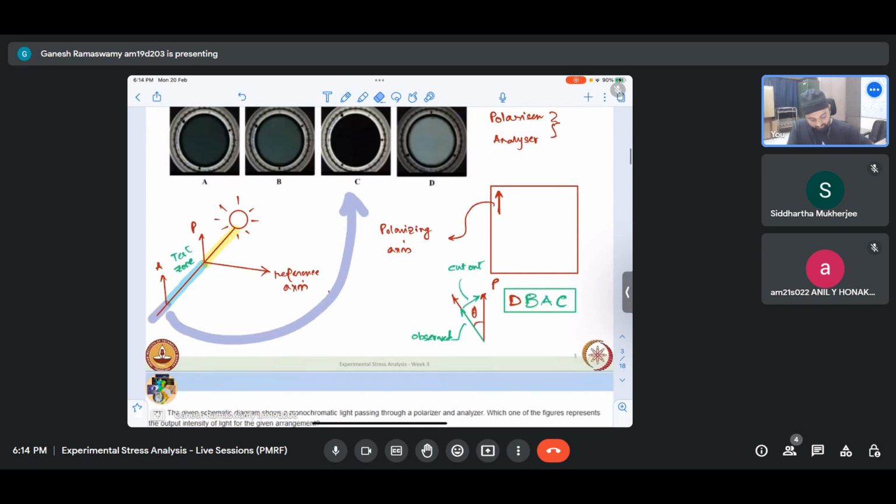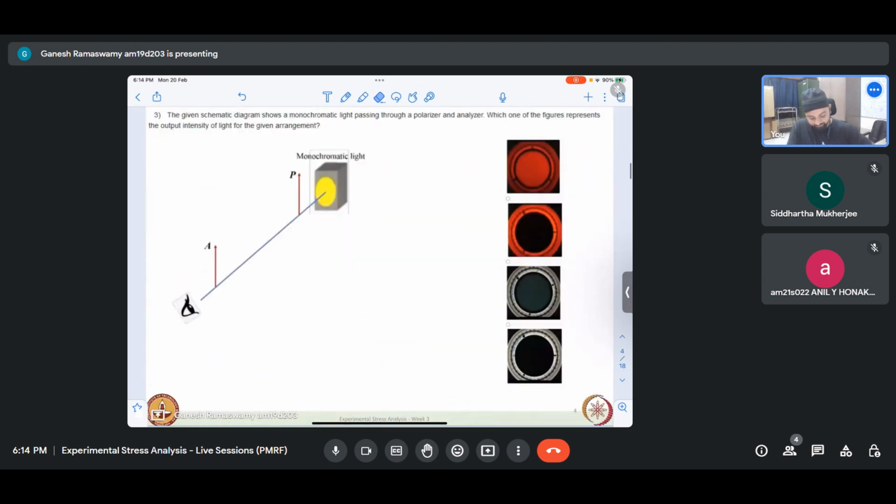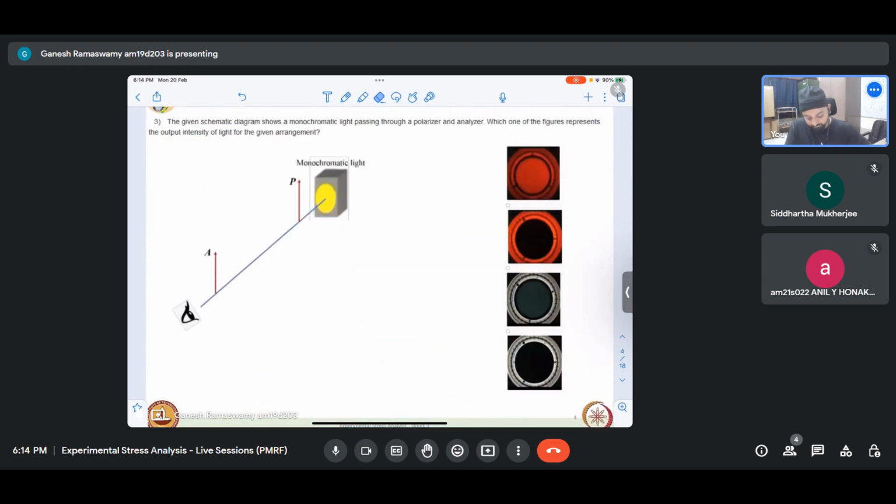So okay, we'll move to the next question. The given schematic diagram shows a monochromatic light source passing through a polarizer and analyzer.